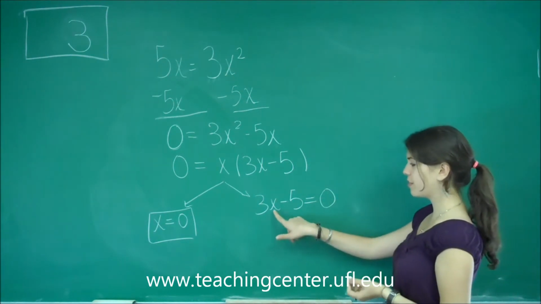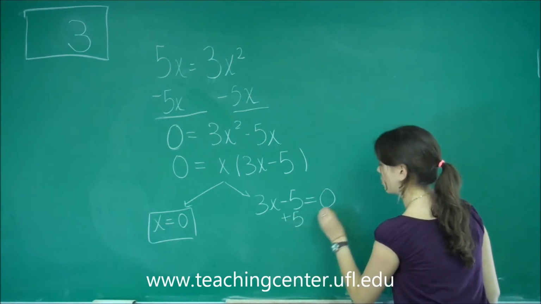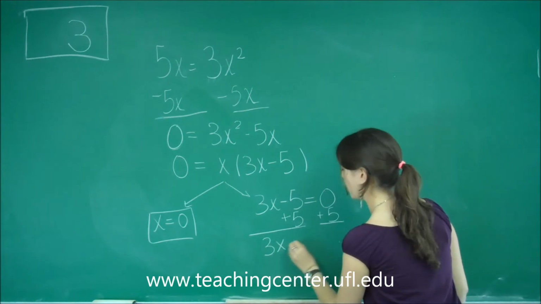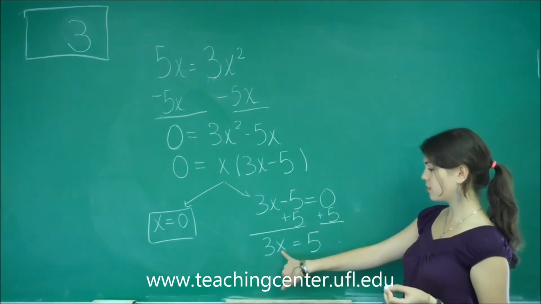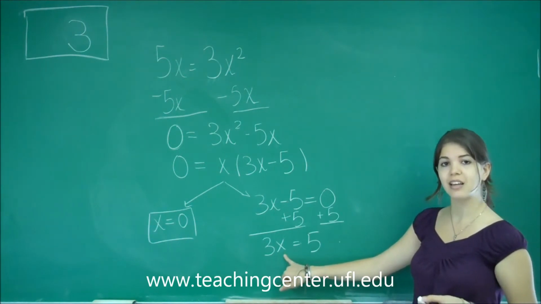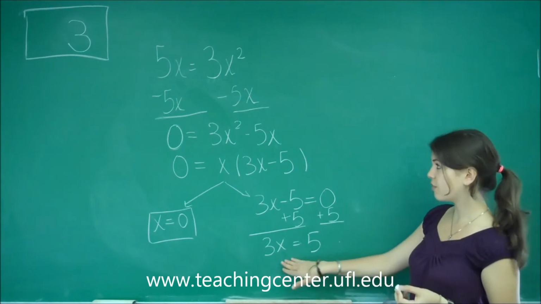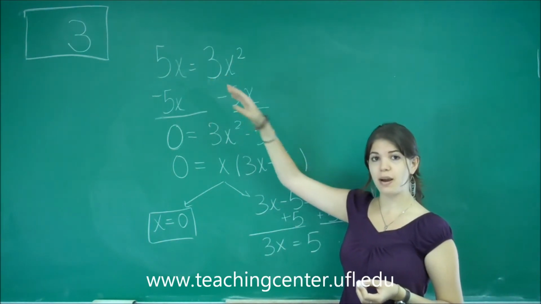So now solving for this x, I'm going to add 5 to both sides, and I get 3x equal to 5. Now to finalize solving for x, I can divide both sides by 3, and that's okay. And note that that's different than here, because over here I said you can't divide by x.